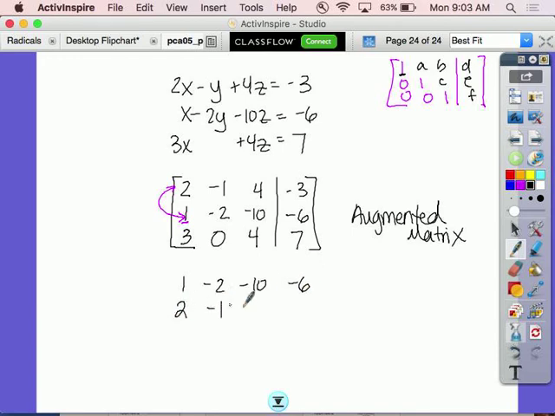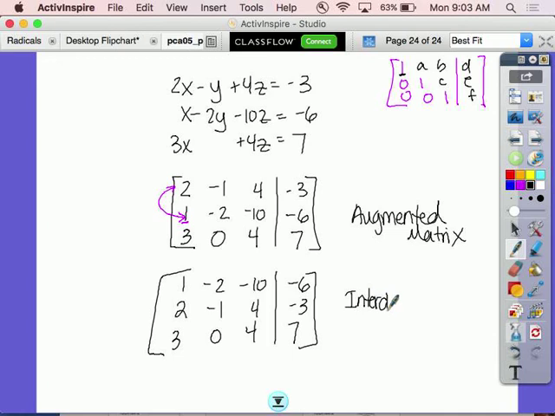Then 2, negative 1, 4, negative 3, 3, 0, 4, 7. And I did that by interchanging row 1 and row 2.